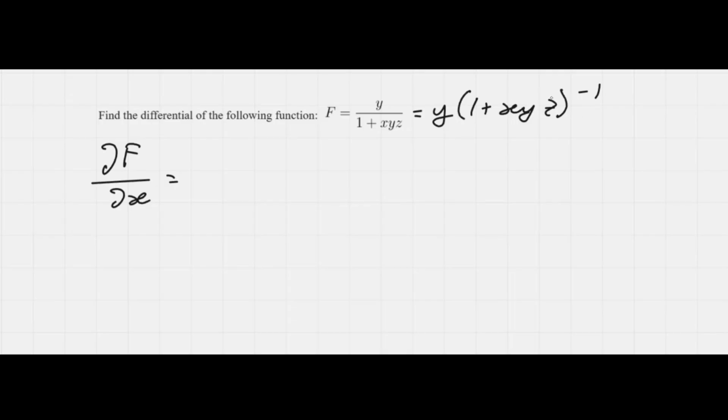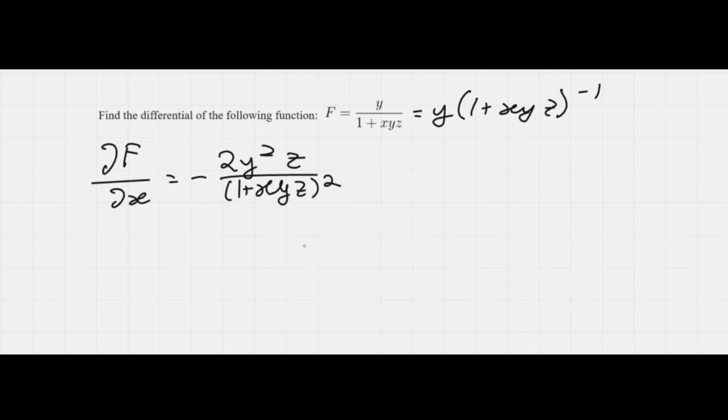Before all of that, we take down this negative exponent and change it to a power of negative 2 as a result of the power rule. What we get is negative y squared z over 1 plus xyz, all squared.